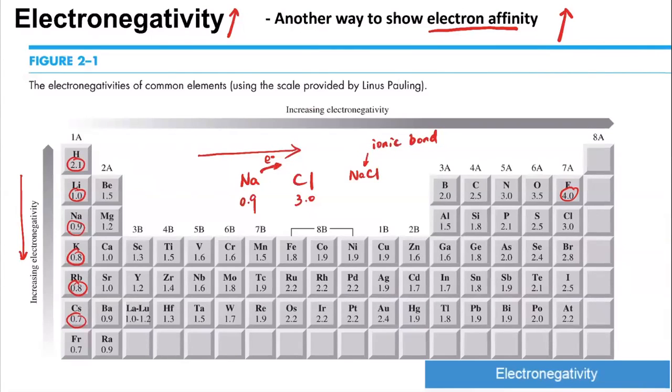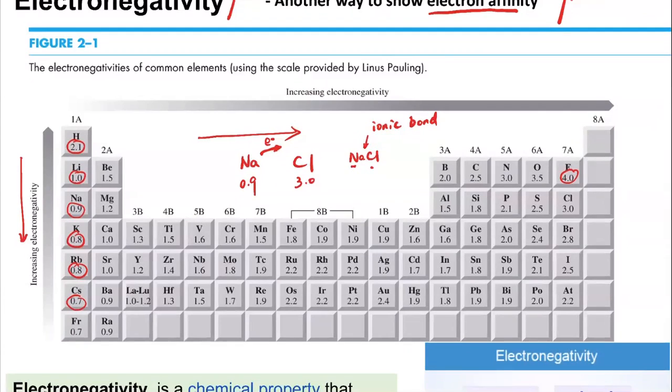The ionic bond connects the sodium and the chlorine, and it is built mainly because they have a large difference in electronegativity. You can calculate this by taking the difference, 3.0 minus 0.9, which gives 2.1. So this is one example.